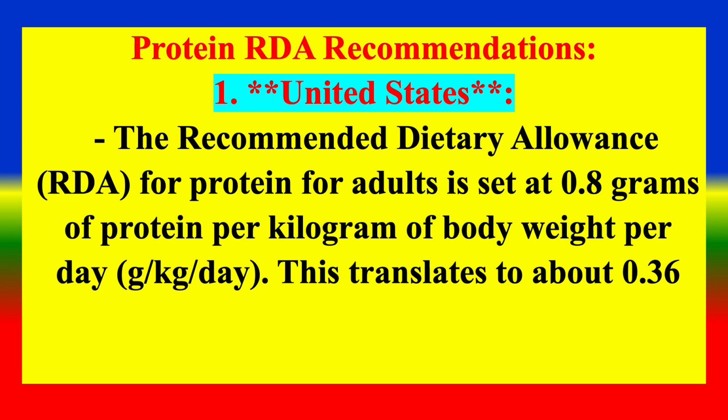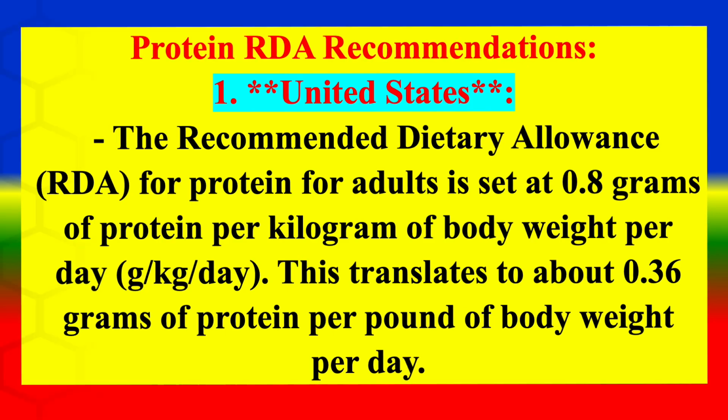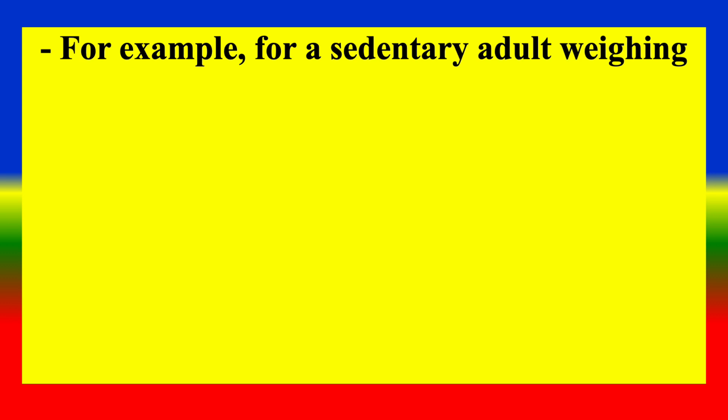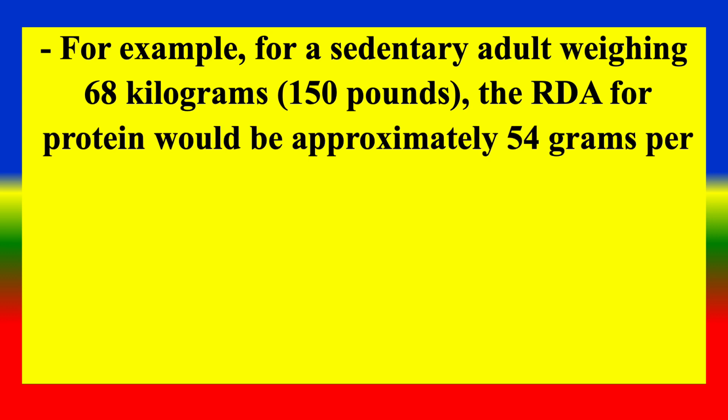This translates to about 0.36 grams of protein per pound of body weight per day. For example, for a sedentary adult weighing 68 kg, the RDA for protein would be approximately 54 grams per day.